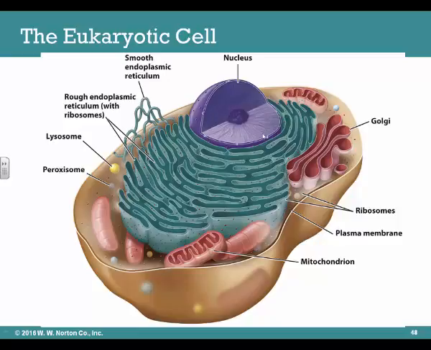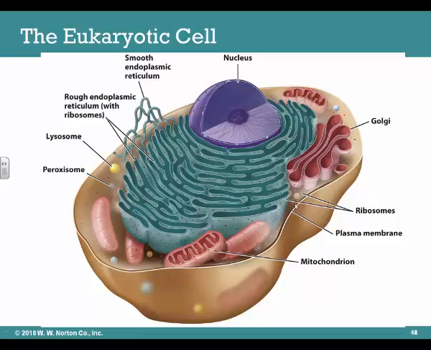The nucleus is bound by a nuclear envelope, which is actually two lipid bilayers that surround the entire compartment. Other compartments within the cell include Golgi, ER, rough and smooth ER, lysosomes, peroxisomes, mitochondria. You could also have vacuoles and endosomes. And those compartments are all bound by a single lipid bilayer, similar to the plasma membrane or cell membrane.